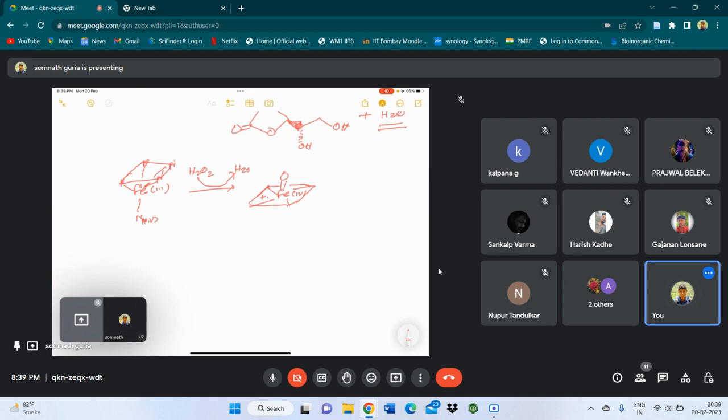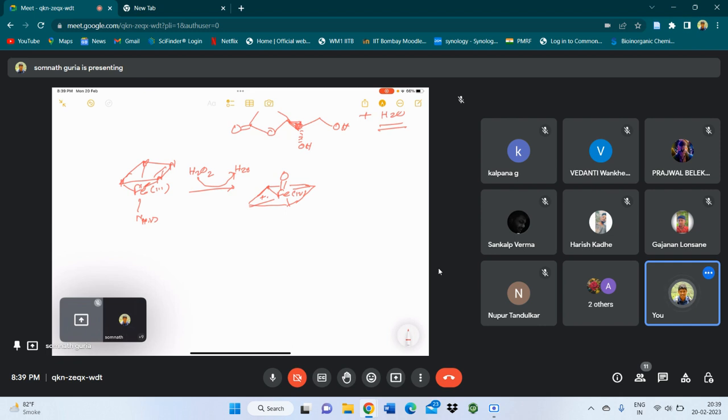And that plus dot, in presence of ascorbic acid as a sacrificial electron donor, that means ascorbic acid acts as an electron donor. It becomes the S dot plus H plus.